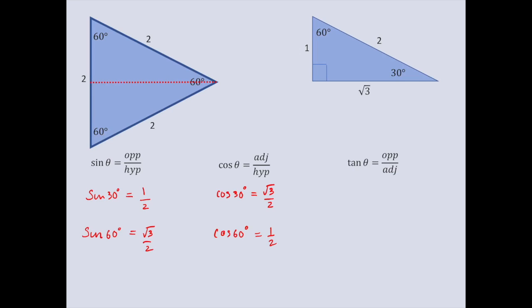Or half. Then look at tan. Tan of 30 degrees, opposite over adjacent, so that's 1 over root 3. And tan of 60 degrees is going to be root 3 over 1, which we'll just write as root 3. So we've got quite a bit of information from that diagram there.